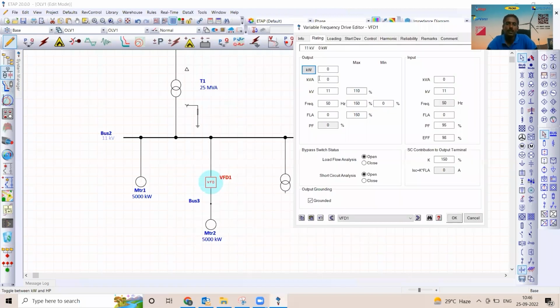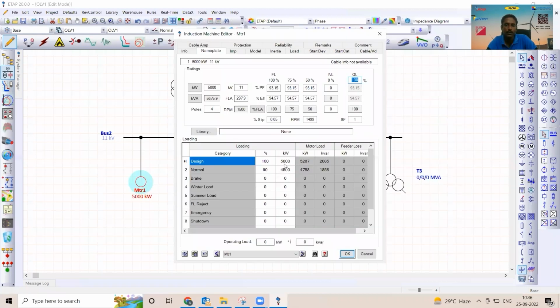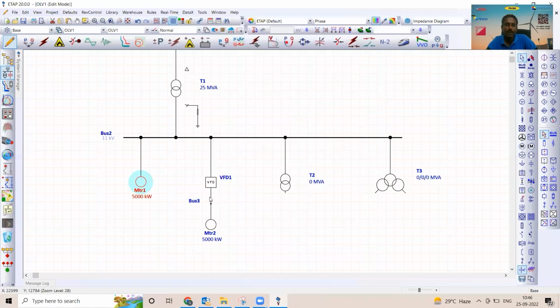One important aspect is that the variable frequency drive has to deliver more output power than the input requirement of the motor. When we say 5000 kilowatt, that is the mechanical output of the motor, which means the electrical input will be 5287 kilowatt, including the cable losses.